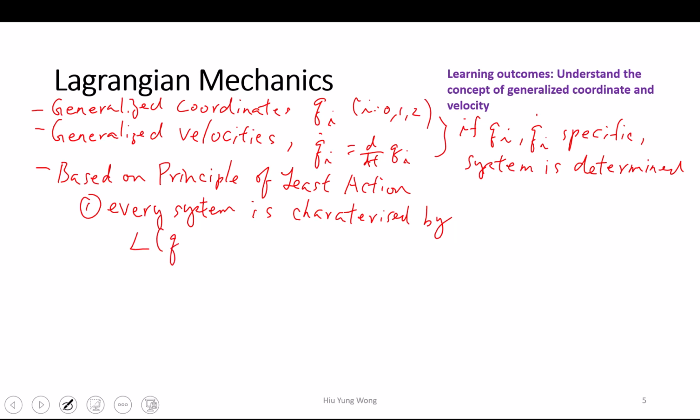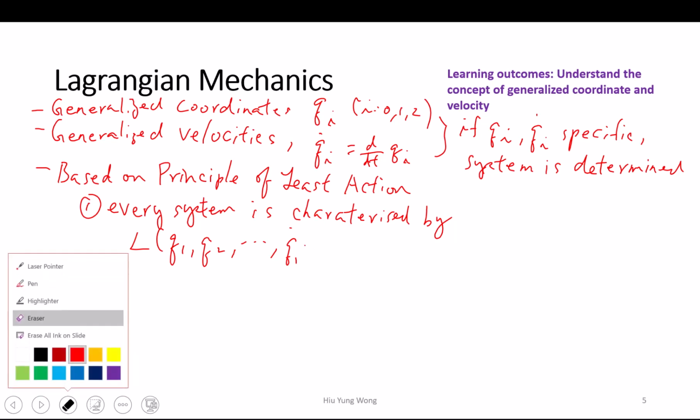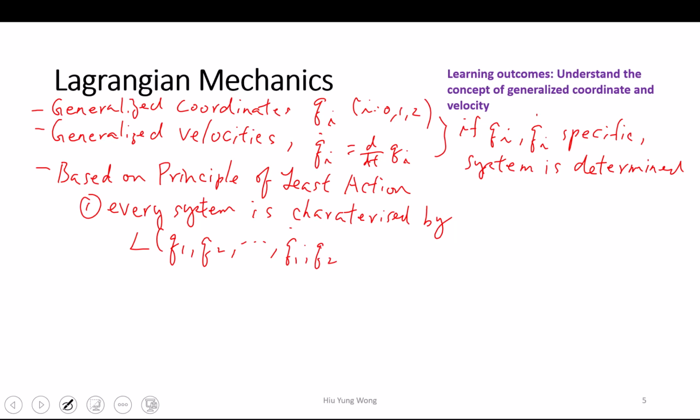L is a function of q1, q2, q1 dot, q2 dot, and t. The time, the generalized coordinates, and the generalized velocity. This L function we call the Lagrangian.